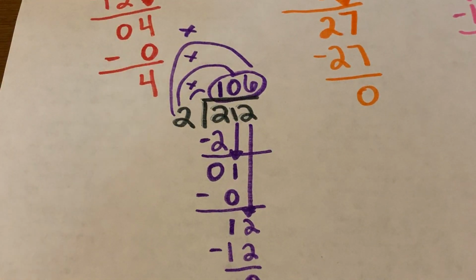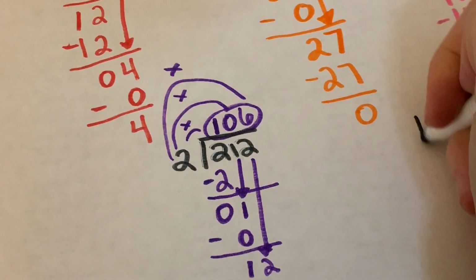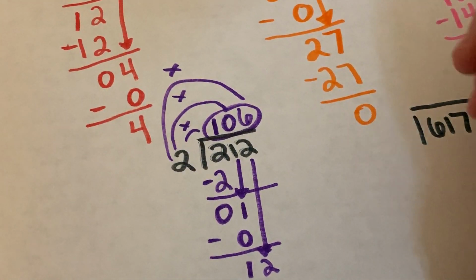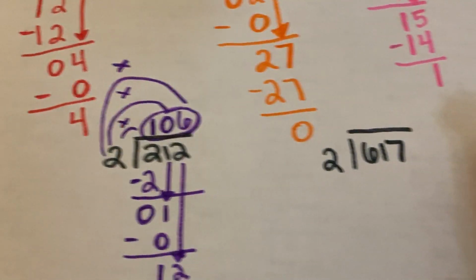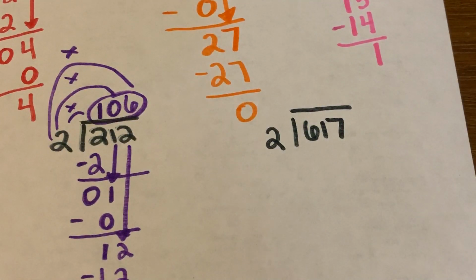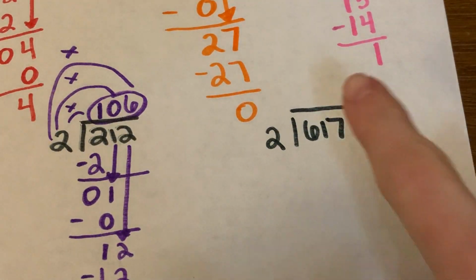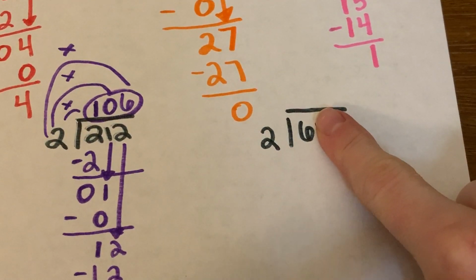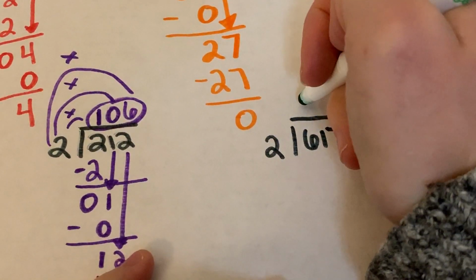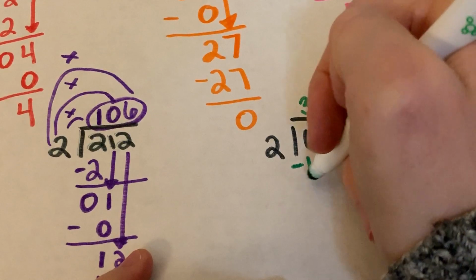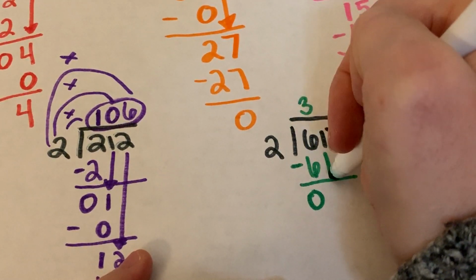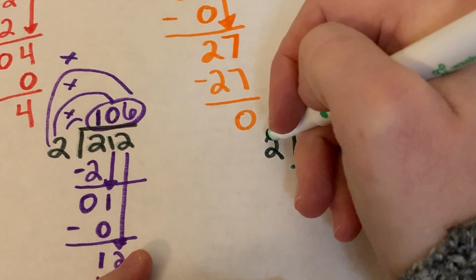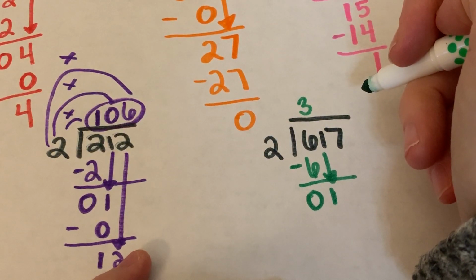All right, let's do another one. You do 617 divided by 2. 2 times what gives me 6? That's 3. 6 take away 6 gives me 0. Bring down a 1. 2 times what gives me 1?